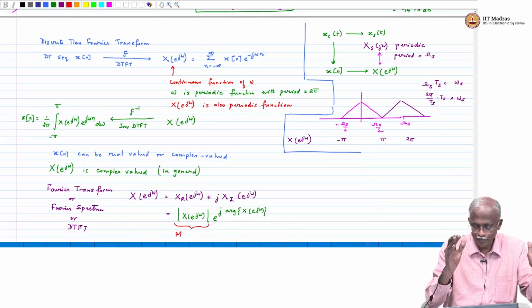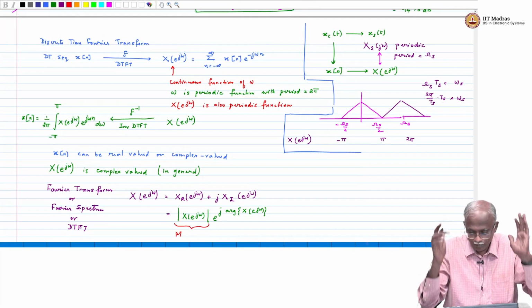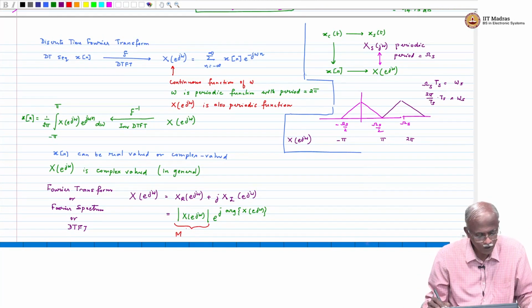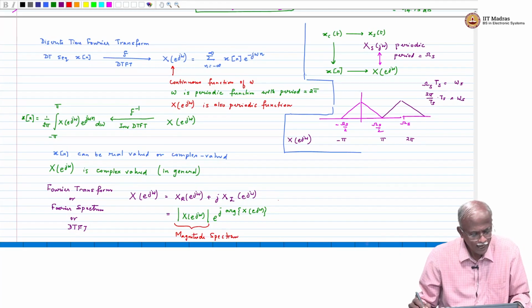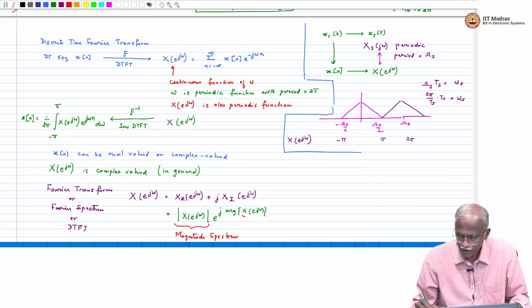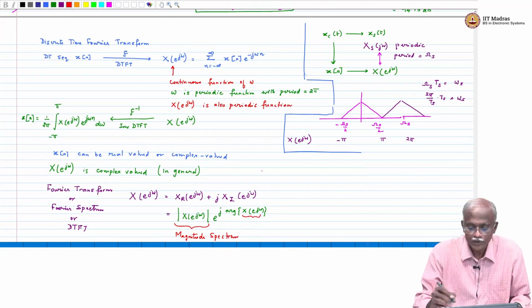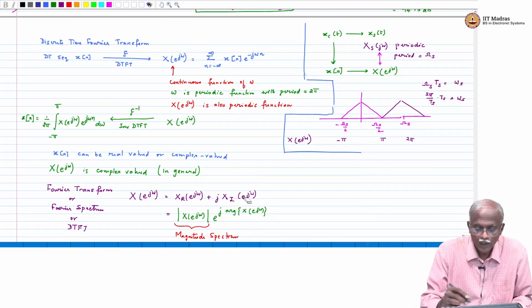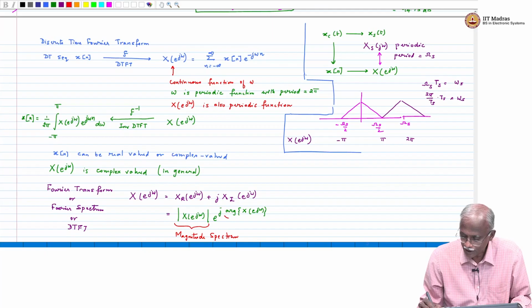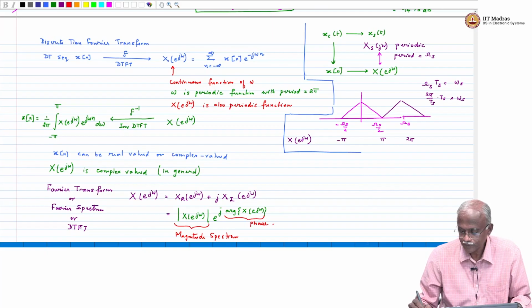Okay, the Xe of j omega is called the Fourier spectrum. Magnitude of Xe of j omega is called the magnitude spectrum. Okay, and this whole thing, argument of Xe of j omega, is called the phase spectrum.